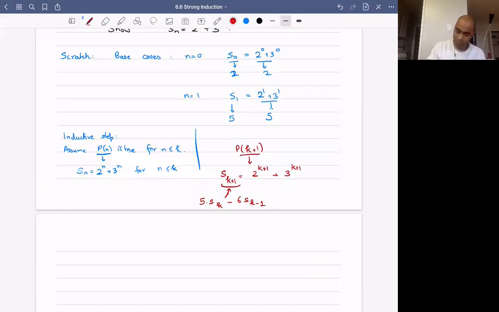Now what? If I notice, I know what Sn is when n is less than or equal to k. And so I know what Sk is, and I know what S(k minus 1) is. So I can use the induction hypothesis to plug it in there, and I'll get 5 times 2 to the k plus 3 to the k, minus 6 times 2 to the k minus 1 plus 3 to the k minus 1.